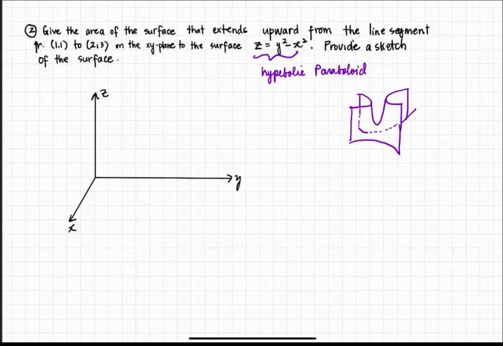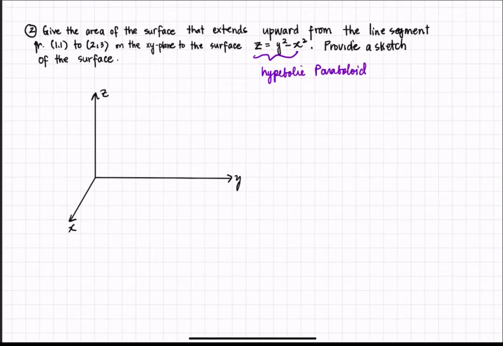Ganyan yung itsura nun, diba? Or yung iba ang pagkakadrawing nila, ito yung na-emphasize nila. Okay, ganyan nila dinodrawing. Okay, pero ang idodrawing ko yung nasa bandang ano lang, positive y-axis.